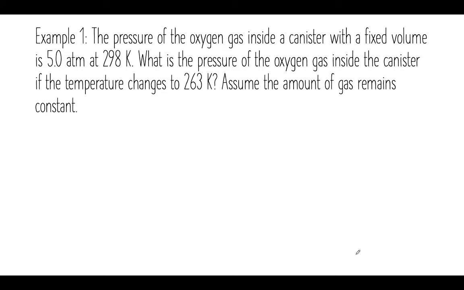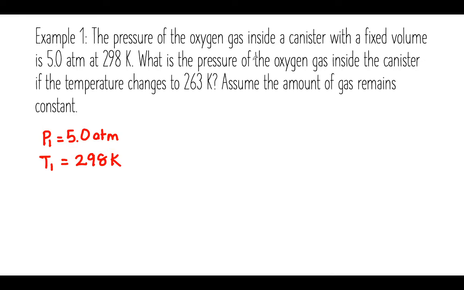So the pressure of the oxygen gas inside a canister with a fixed volume, so notice that, so I'm realizing that the volume stays consistent, is 5.0 atm. So I know that the initial pressure is 5.0 atm at 298 Kelvin. So I'm given my initial temperature as well, 298 Kelvin.